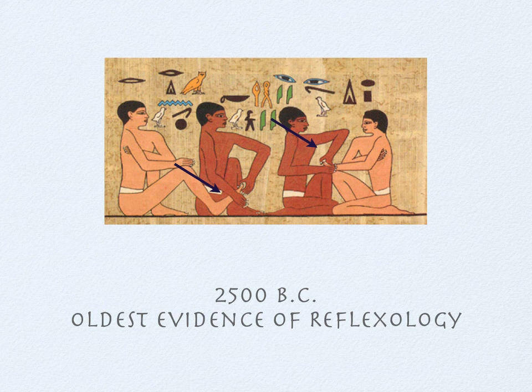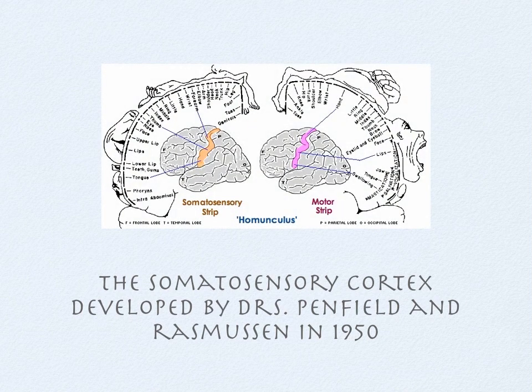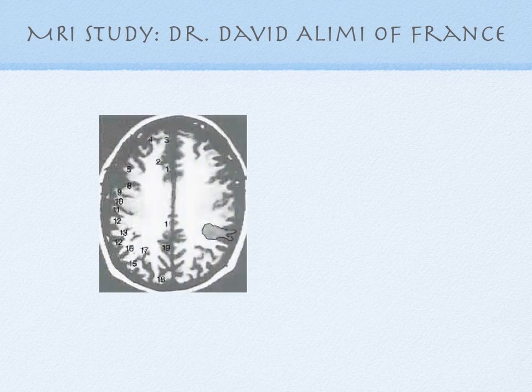And then on a more modern note, in the 1950s, Doctors Penfield and Rasmussen mapped out the brain as a reflex system and showed the various areas that corresponded to the body on the brain. Many times when people see a reflex system, they're understandably skeptical, but this has been validated by MRI studies done by Dr. David Alimi of France.